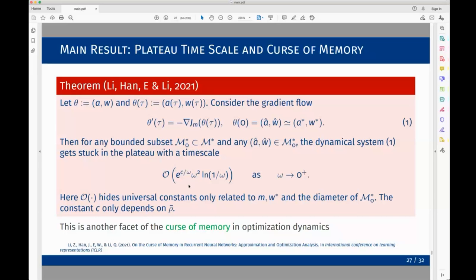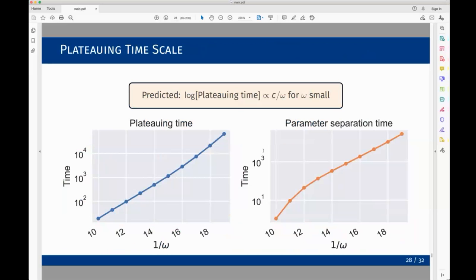So this is again the curse of memory. In the analysis of optimization, we reveal another facet of the curse of memory in the optimization dynamics. Okay, and numerically, of course, we can verify that the log of our plateau time scale is proportional to c over omega when omega is very small.